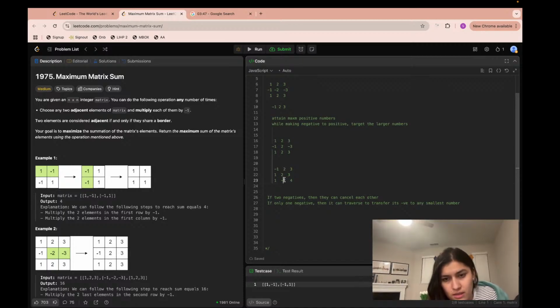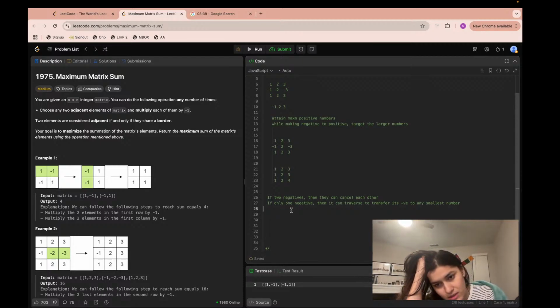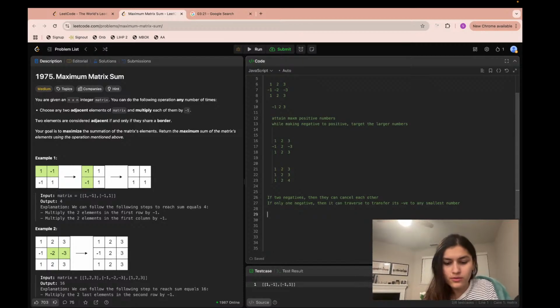Yeah, so what I mean here is that if there are an odd number of negative elements, then there will be one negative remaining. But if there are an even number of negatives, they will cancel out each other.